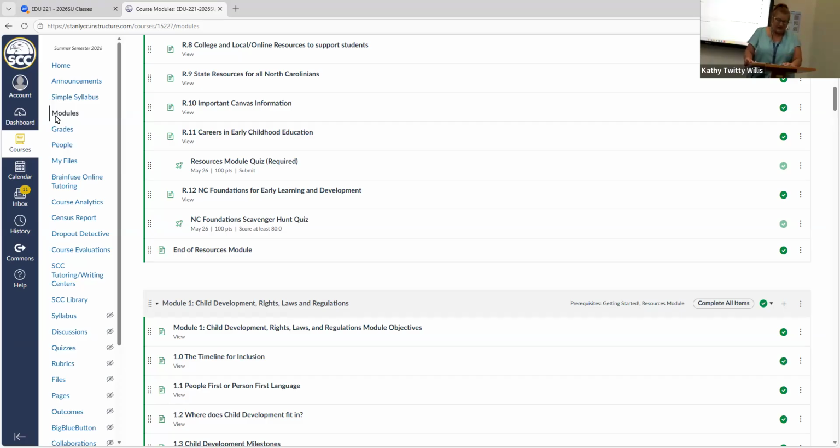Now, these rights were created so that every child's voice can be heard and every child's needs can be met. We have watched this progress over time. And there's a timeline that I think you guys will get to see that talks about way back in the 1800s, how we addressed children with disabilities or with exceptionalities.